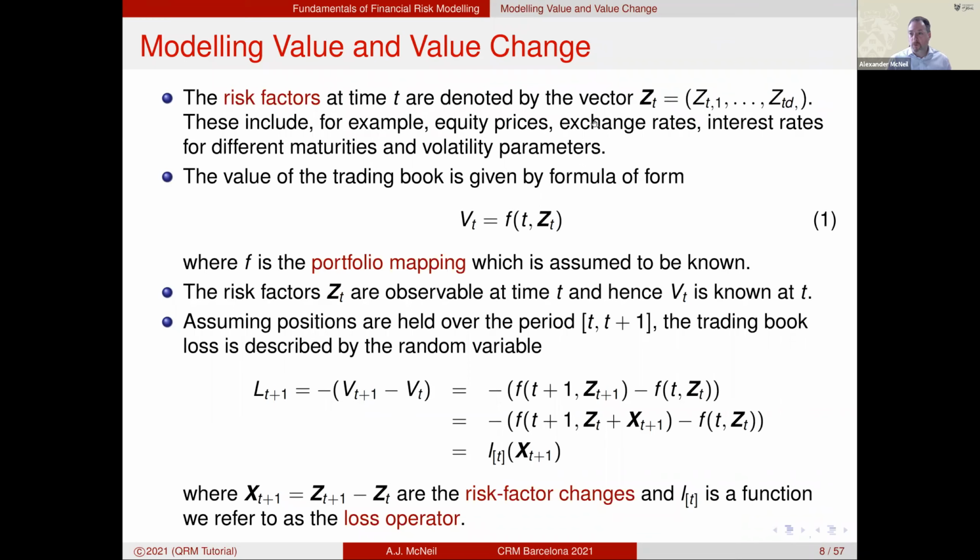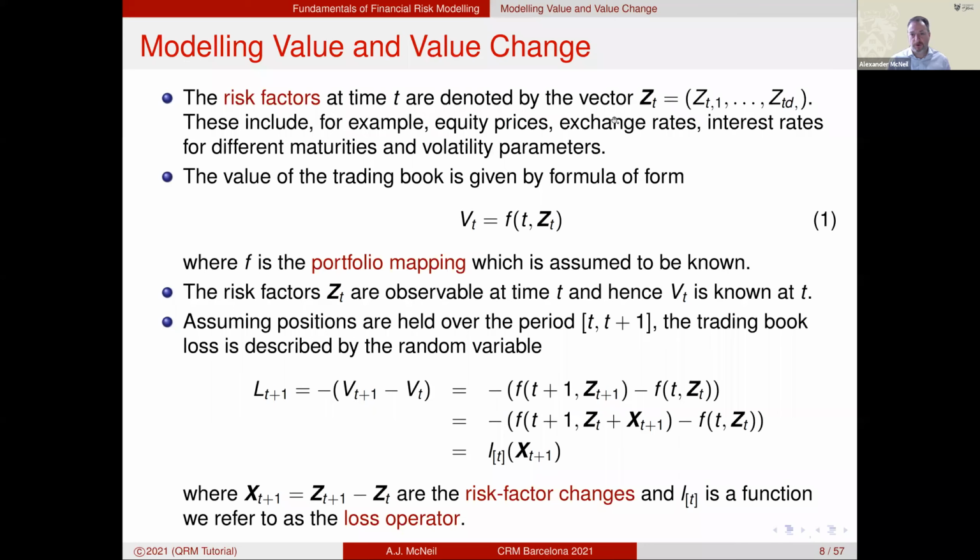They are foreign exchange rates and interest rates for different maturities, depending on the nature of the fixed income instruments in the trading book, and also parameters that have a role in valuation, volatilities, for example, which have a role in valuing derivatives and which can be added to the collection of risk factors.